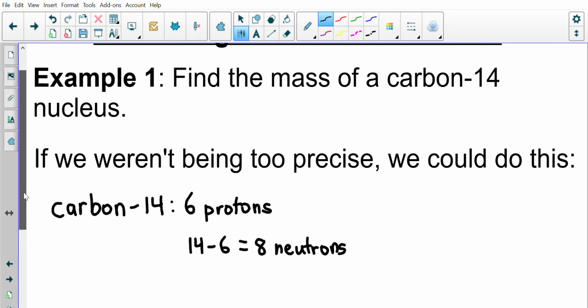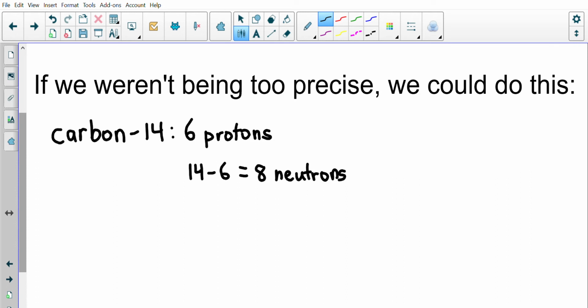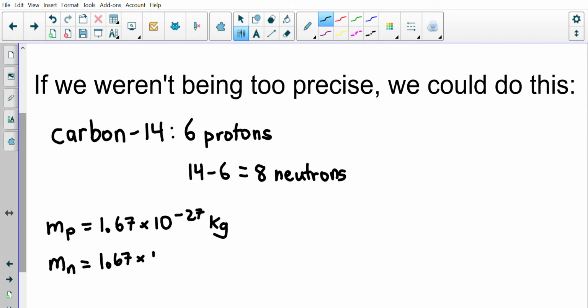Now, if you look on your formula sheet on the back side, it tells you the mass of a proton, and it also tells you the mass of a neutron. The mass of a proton is 1.67 times 10 to the negative 27 kilograms. And the mass of a neutron, according to your data sheet, is also 1.67 times 10 to the negative 27 kilograms.